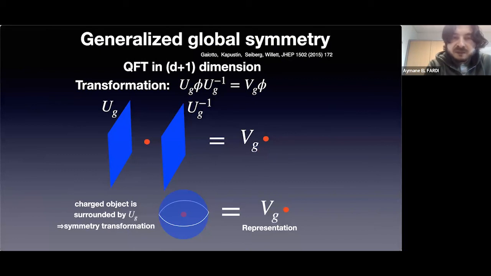I mean, usually it is like an operator applied to a test function, and we have the inverse of UG. So how it is mathematically written seems to me a bit strange, but yeah.